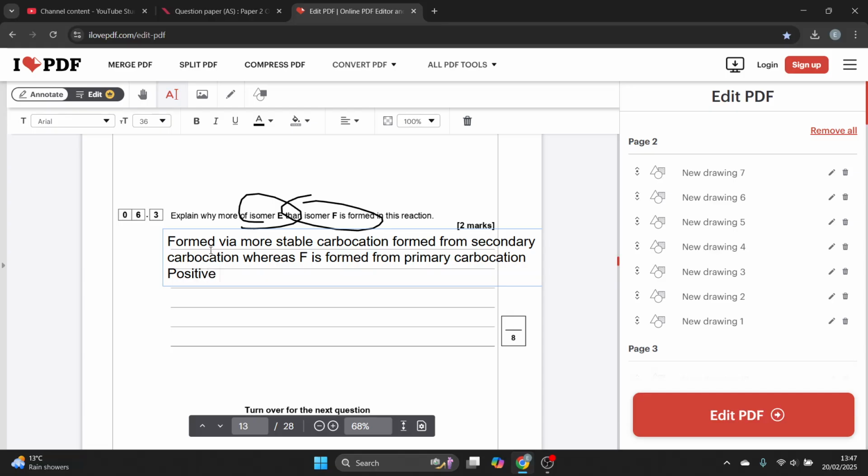So E is formed via the more stable carbocation. E is formed from a secondary carbocation and F from a primary carbocation. A secondary carbocation is more stable than a primary carbocation.